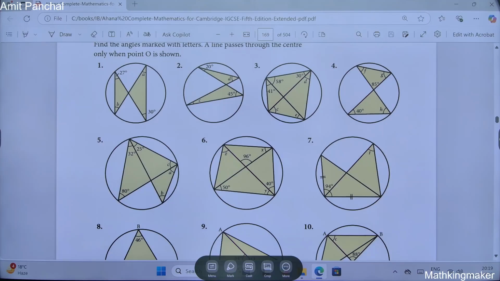Yeah, 58, because the same arc is making 50. But T as 30. P is 30. Yeah, right.